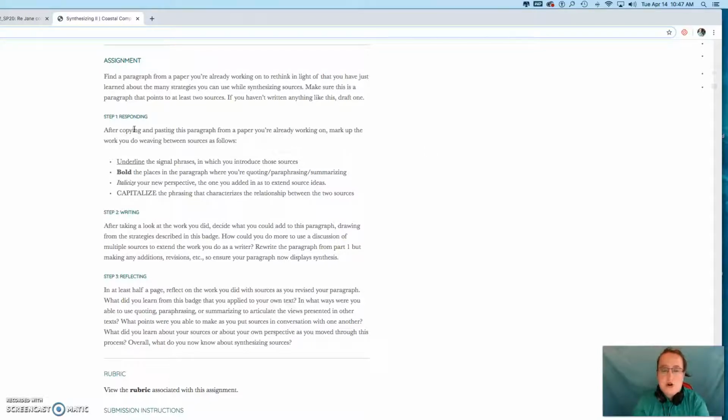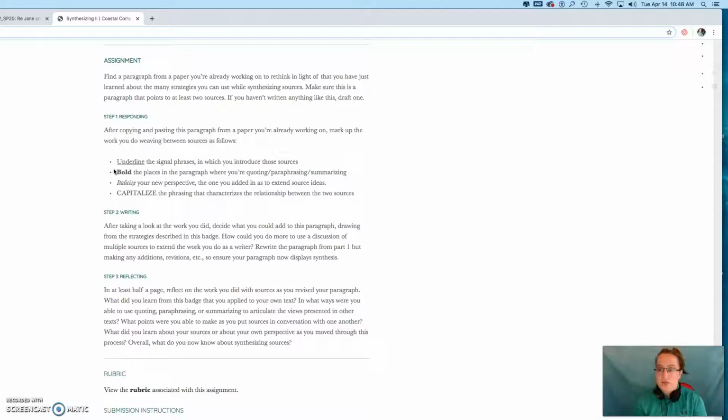Then you're going to write or type up this paragraph, copy and paste it into a Word document, and mark up the work by underlining signal phrases, which introduce you to sources. Bold the places in the paragraph where you're quoting, paraphrasing, or summarizing. This is the section that I think should be easiest if you do take a previously submitted paper that we've done in class, because I know everyone has quoted in their papers, and many of you have paraphrased as well.